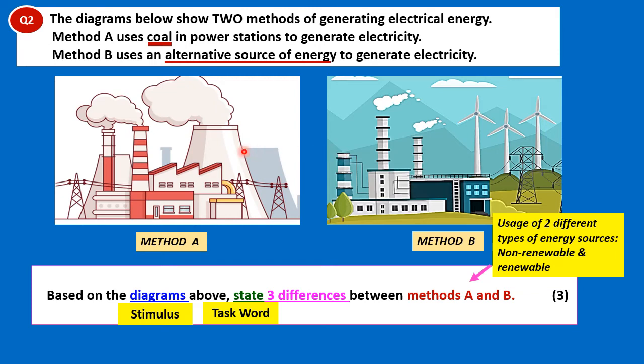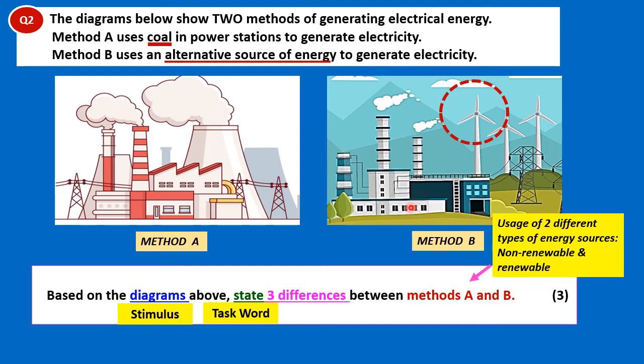You can see here coal, we know, is a non-renewable energy source, and wind energy is a renewable energy source. Okay, so that means these methods are focusing on the use of non-renewable energy, which is coal, and then for method B, it uses renewable energy source, right?